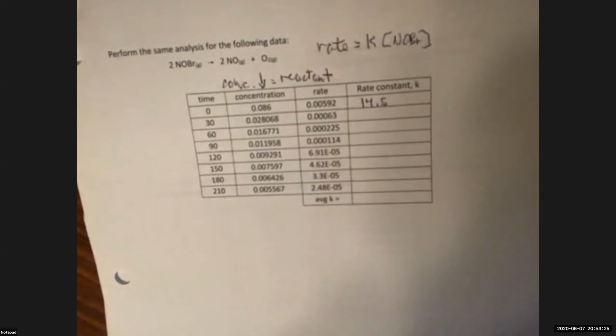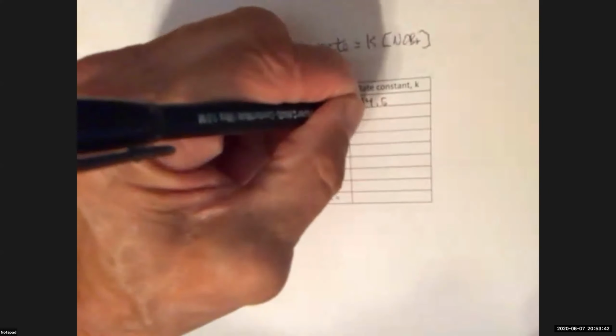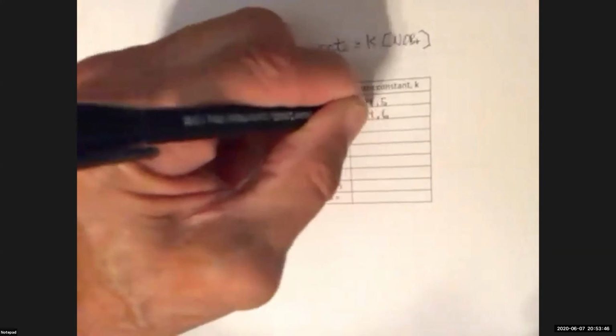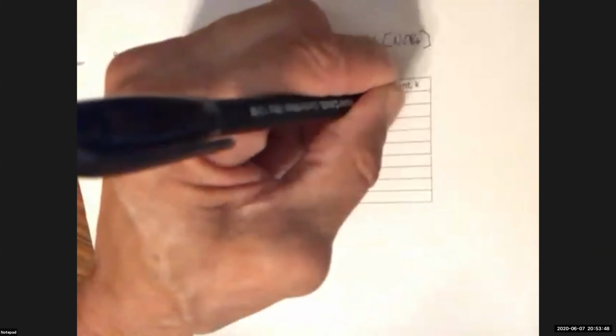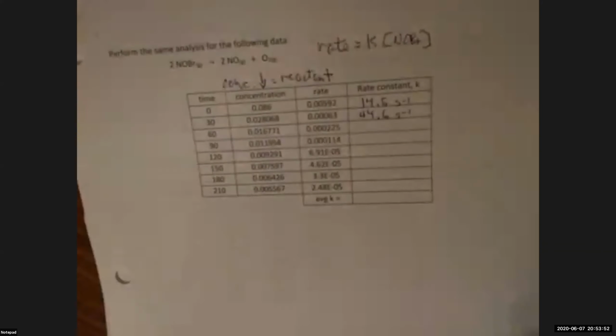Okay, let's do the next one. 0.02868 divided by 0.00063 comes out to be 44.6. And because of the way we calculated it, the unit is seconds to the minus 1.